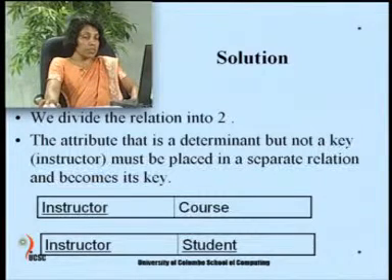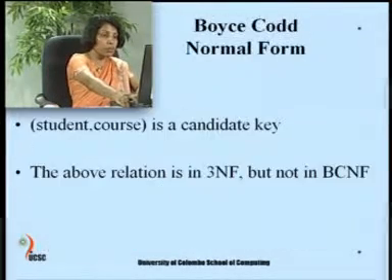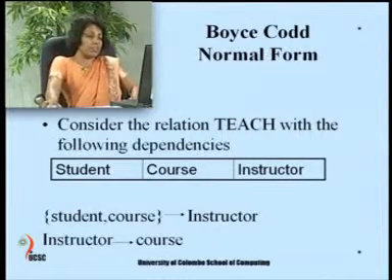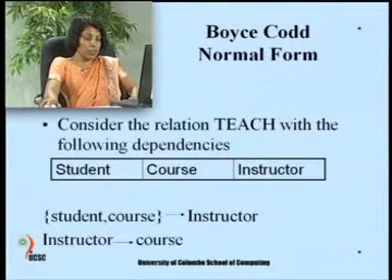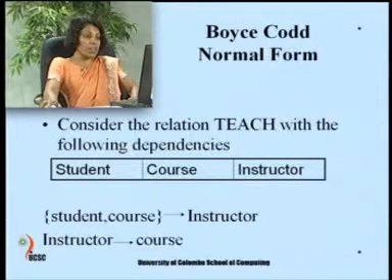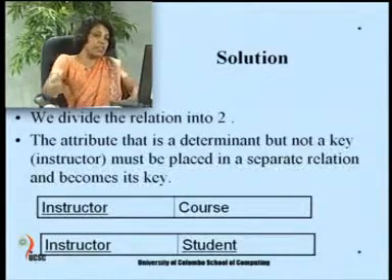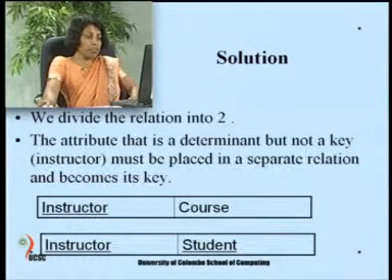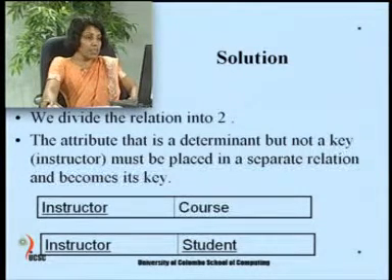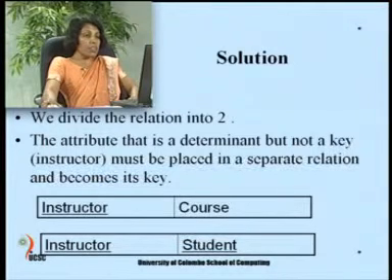Now, you saw with respect to this relation, instructor is a determinant. If I show you the previous slide, instructor is a determinant. This is in third normal form, but according to the given functional dependencies, instructor is a determinant of the course. So, here what has been done is that that has been placed in a separate relation and that has been made a key.